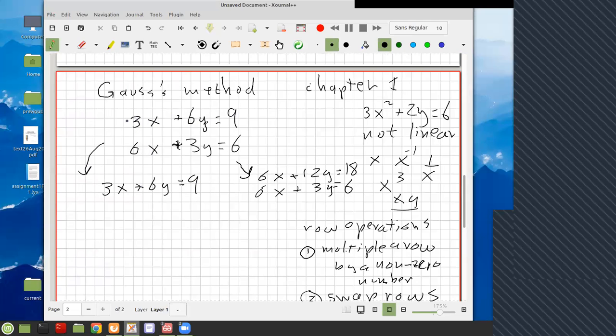Well, I can do it term by term. If I multiply this by -2, -2 times 3 is -6, plus 6x is going to give me 0x.